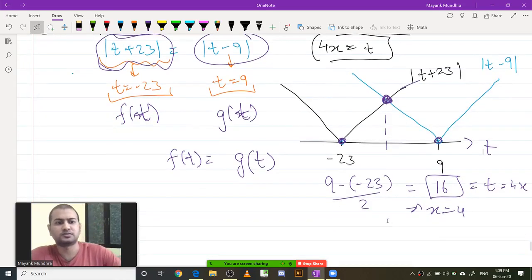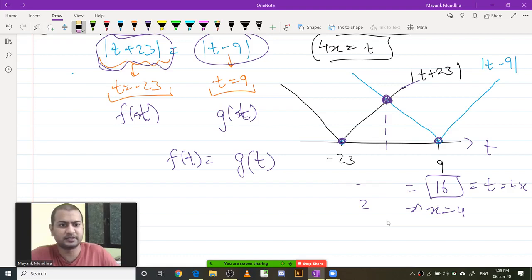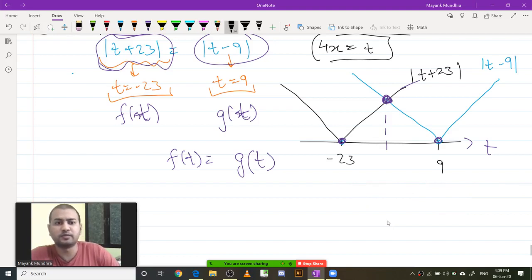Midpoint, oh, so the midpoint has to be minus 16, right? So the midpoint will be 9 minus 23 by 2.